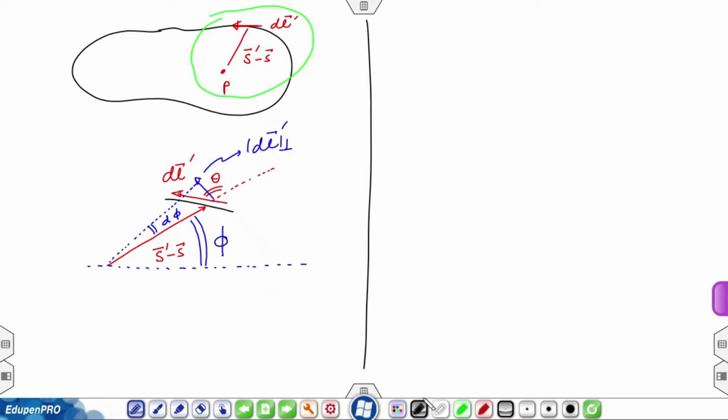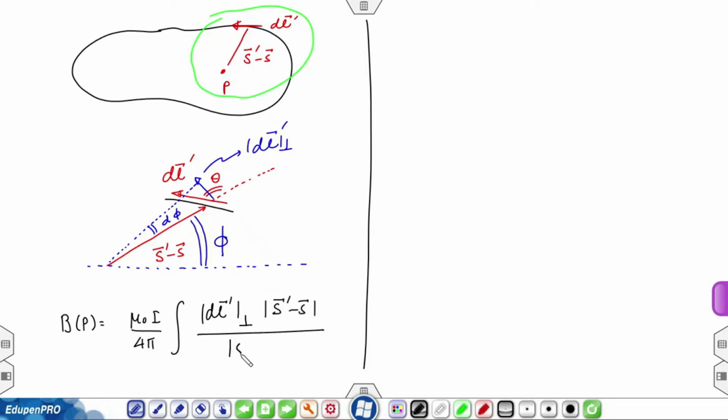And what is the expression that I am calculating? I am calculating B at P equal to mu 0 I over 4 pi integration dL prime perpendicular mod s prime minus s divided by mod s prime minus s cubed.